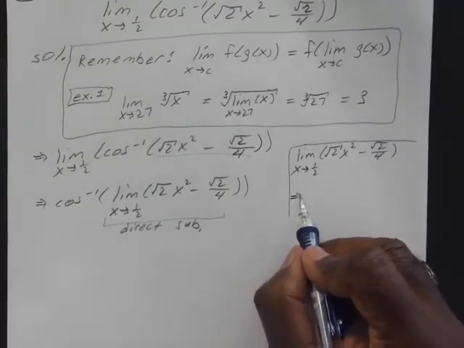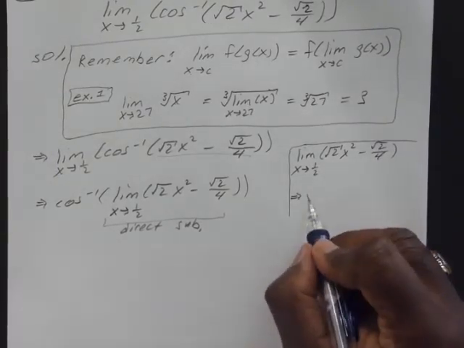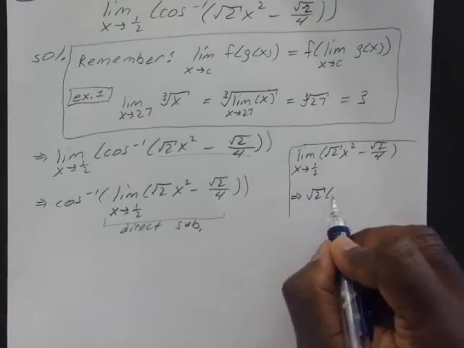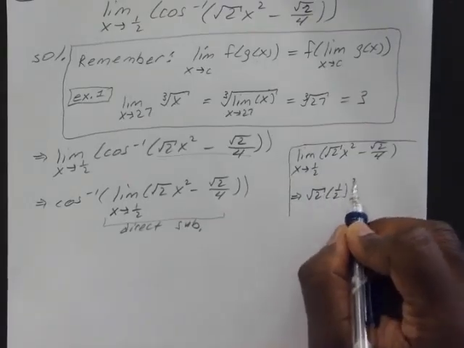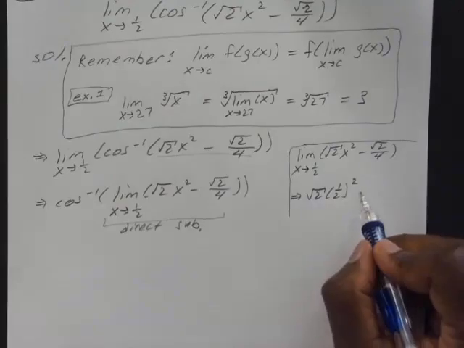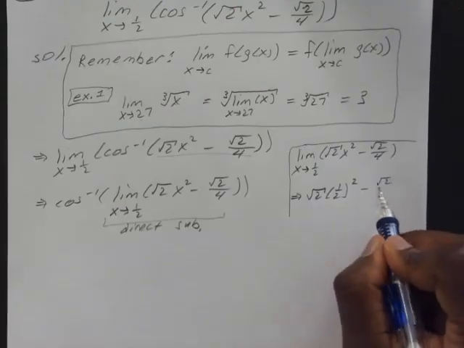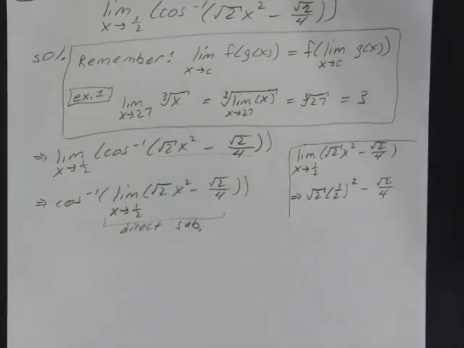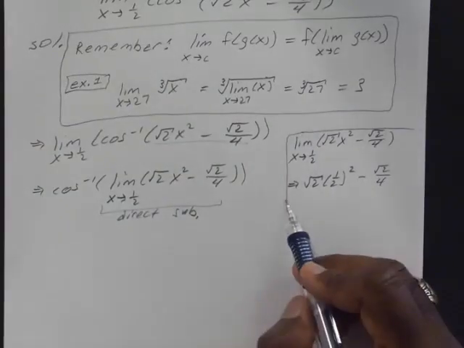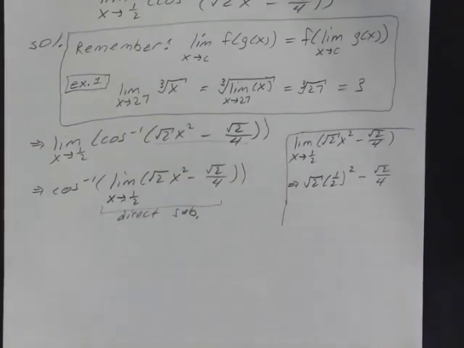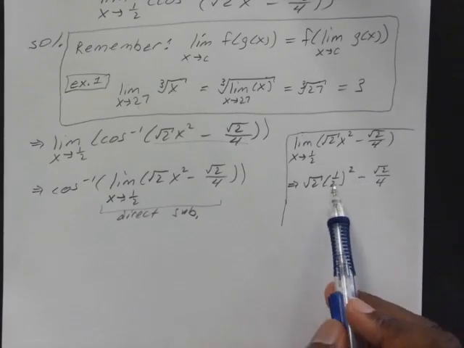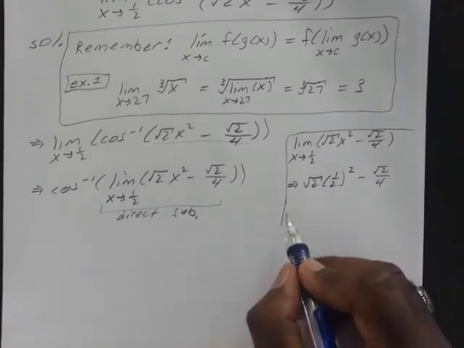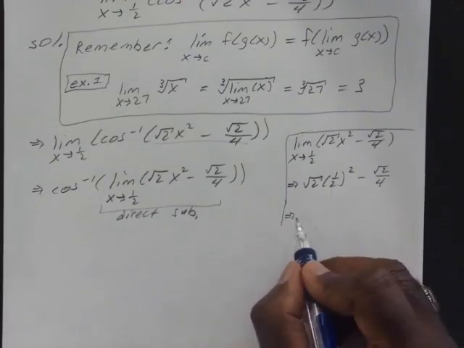Well, if we go ahead and use direct substitution, that's just the square root of 2 times 1/2 squared minus square root of 2 over 4. Well, 1/2 squared is just 1/2 times 1/2, so that is 1/4.